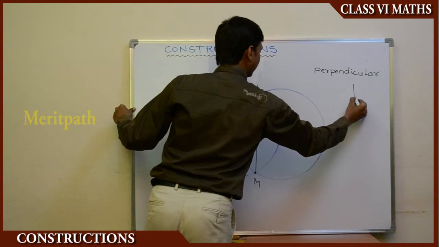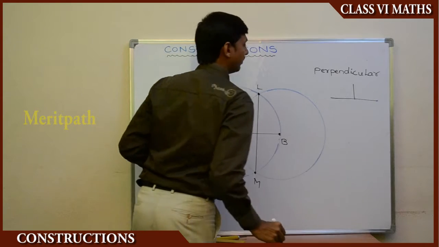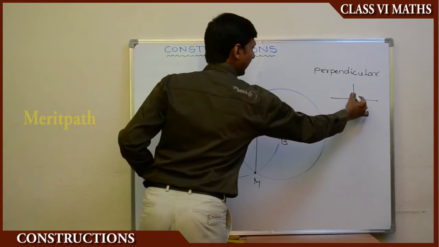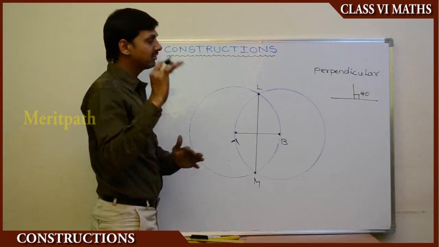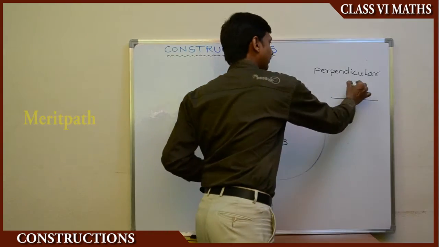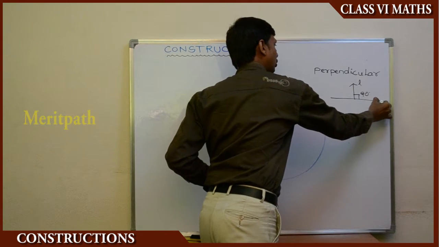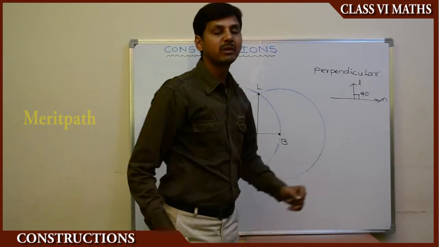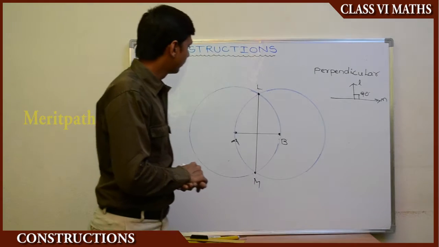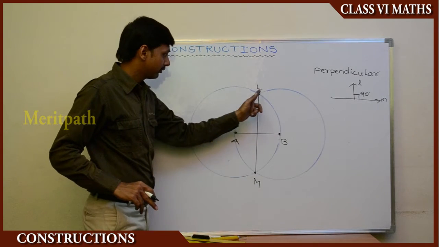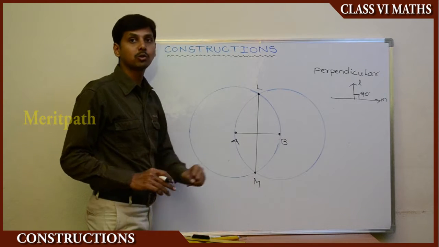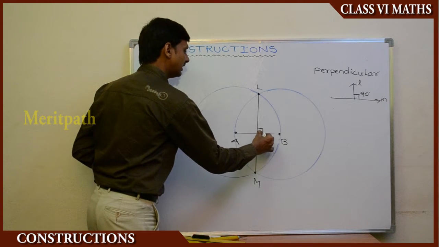For example, if we draw a horizontal line and another line is making 90 degrees with it, then we say it is perpendicular. Because it's making a 90 degrees angle, we need to see whether LM is perpendicular to AB. That means it must be 90 degrees.